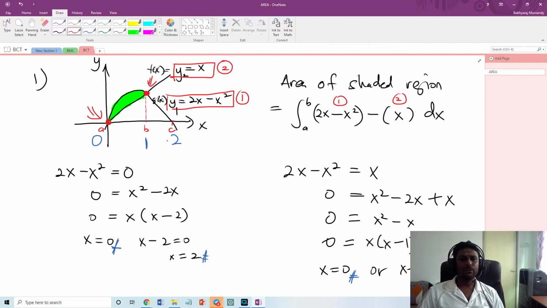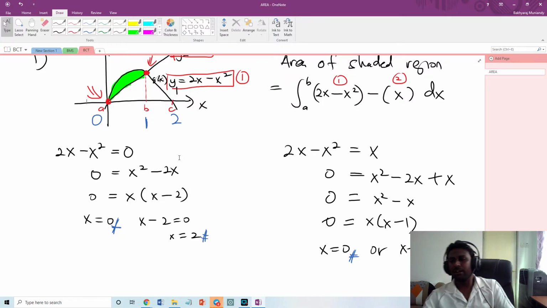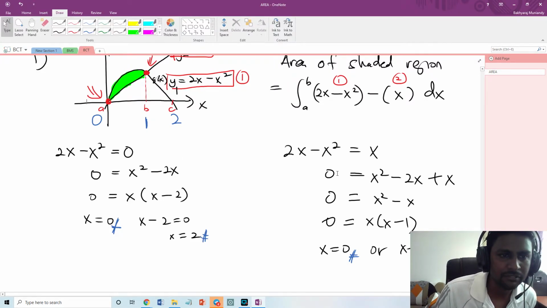Okay, now since we know the limit, now what is our limit actually? Okay, 0, 1. Okay, come. Okay, so kita terus pergi kepada integration lah. Now we go for the integration.